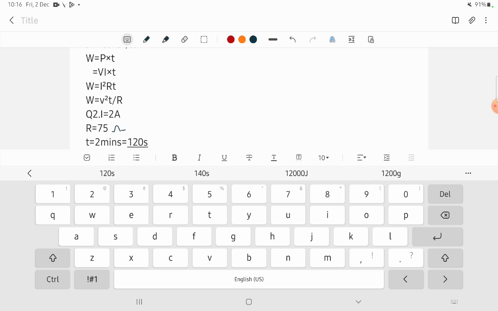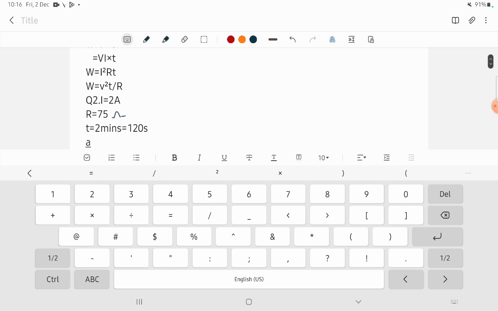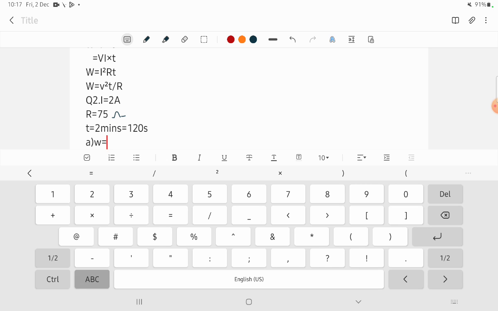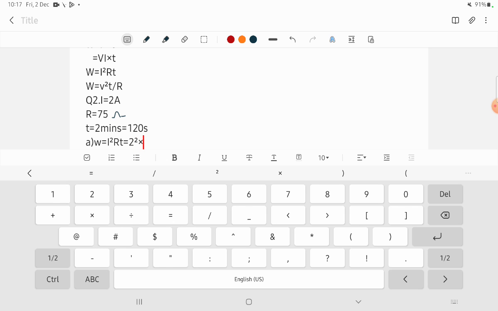How much heat energy is produced? It's very simple. We have to find the heat energy, that is W equals I square RT, because I, R and T are given. So I substitute 2 square into R equals 75.